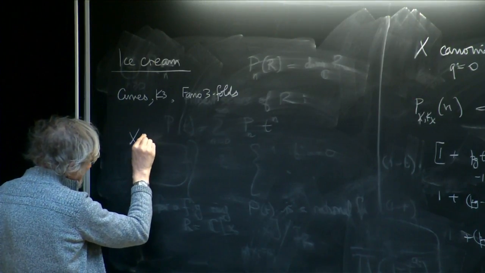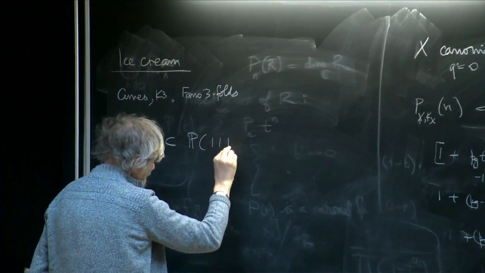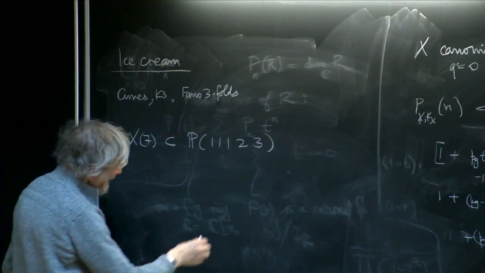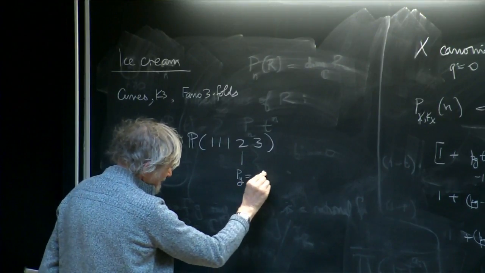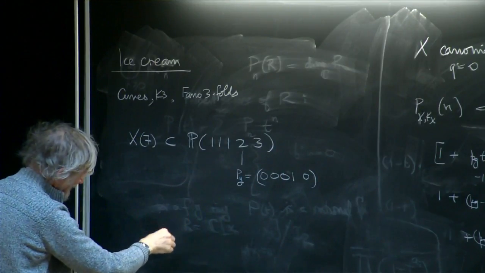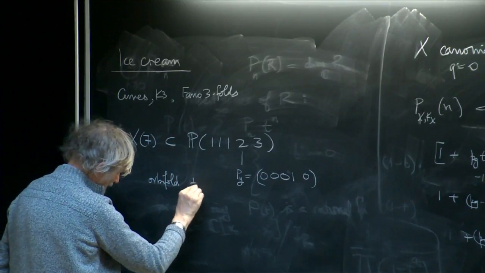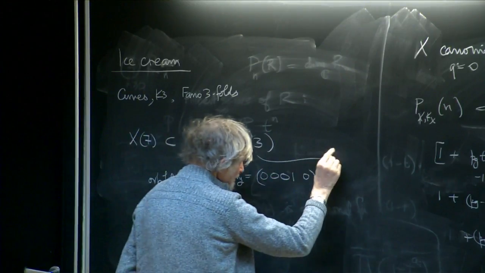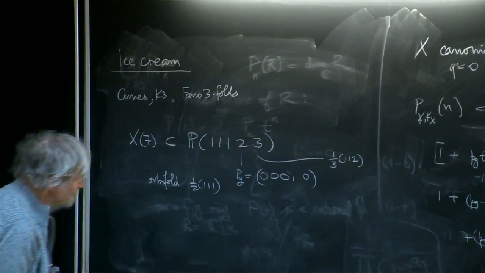Let's look at X_7 in weighted projective space P(1,1,1,2,3). As I said, this has a particular point here. This is an orbifold point of type 1/2(1,1,1), and this is a third of (1,1,2).